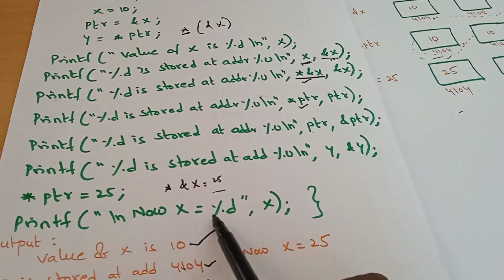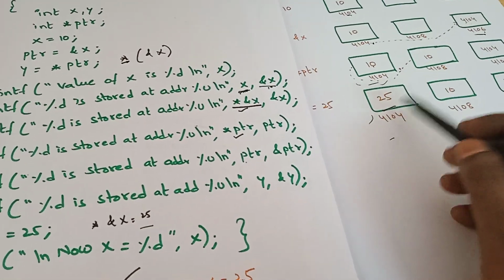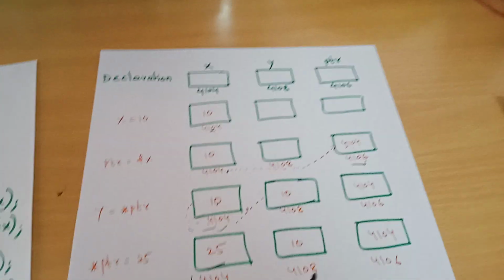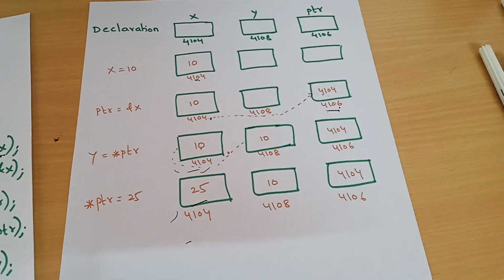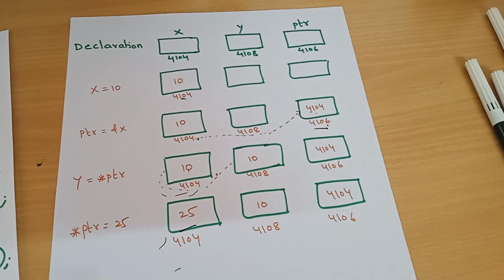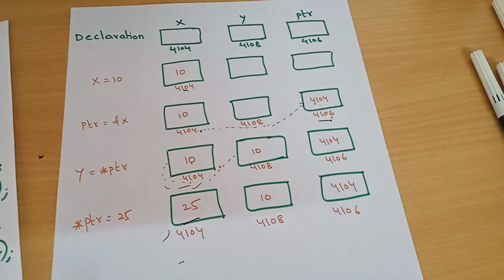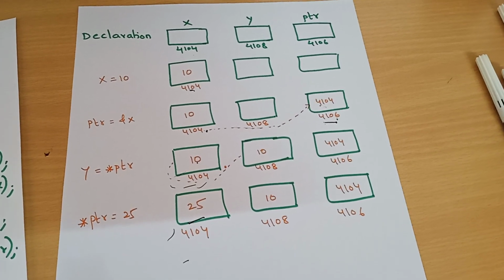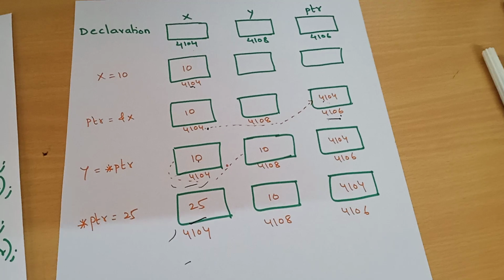When you print the x value, it will be displayed as 25. Okay. Now these are the clear declarations of this program. Now look at this. You can understand with this. So this is the way pointer programs get evaluated. Thank you all.